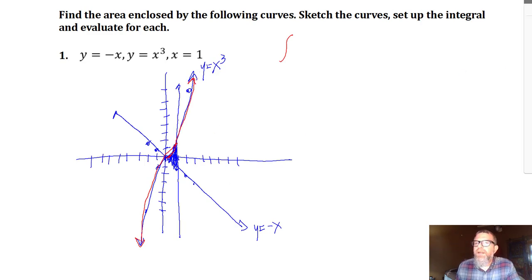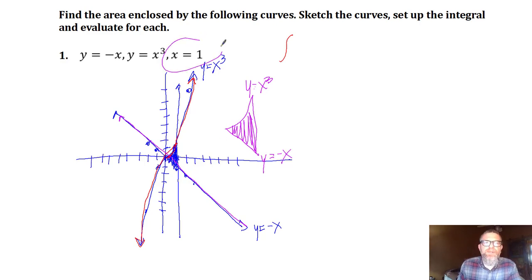And y equals negative x is going to be this one here. Okay, so this region right here, I'm going to go ahead and make a little sketch of that a little bit bigger so you can see what's happening. It looks basically like this. This is y equals x cubed up here, and this is y equals negative x down here.